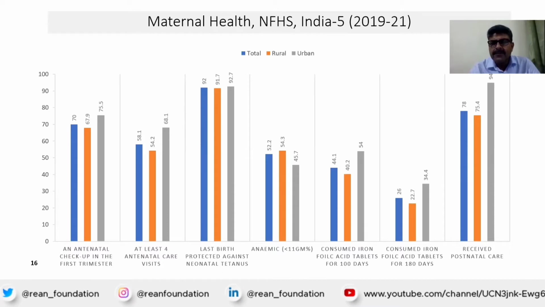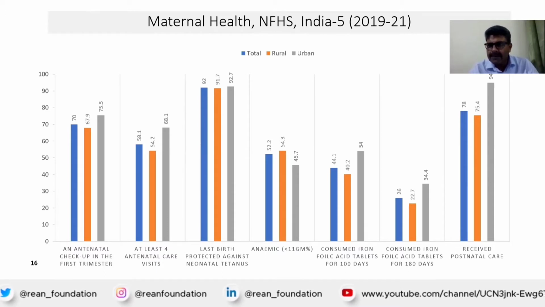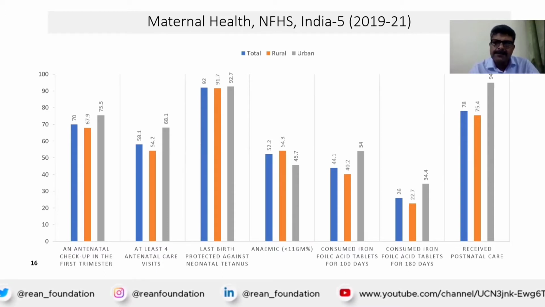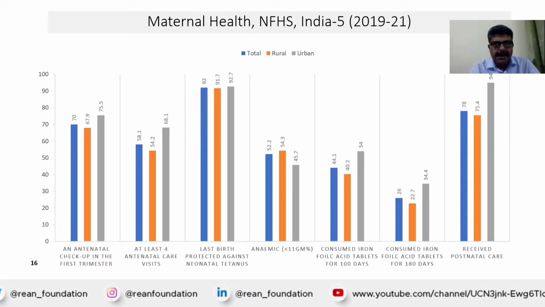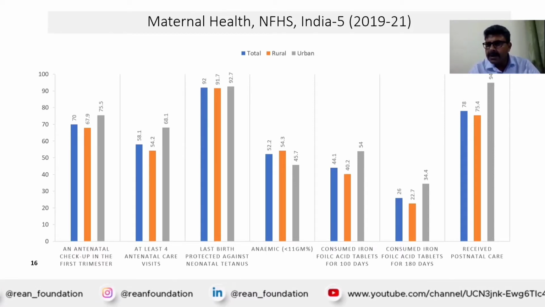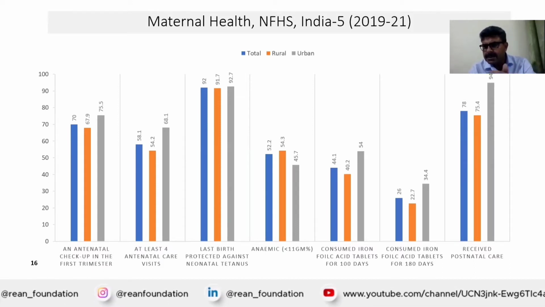If you consider it as less than 11 gram %, as per the Reproductive and Child Health program in India, again 50% of the pregnant females are anemic in our country. If you take it as 11 gram, or as 10 gram, it comes out to be higher.